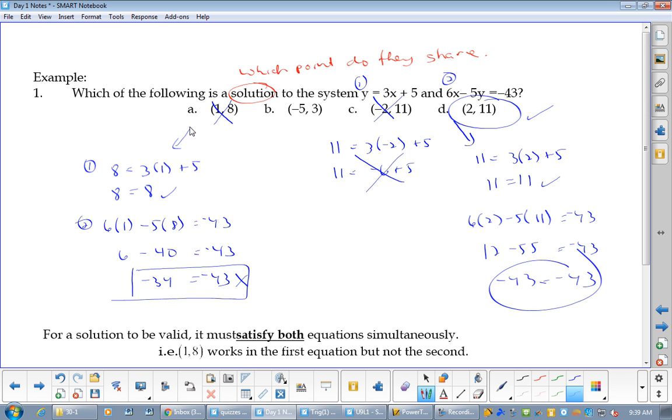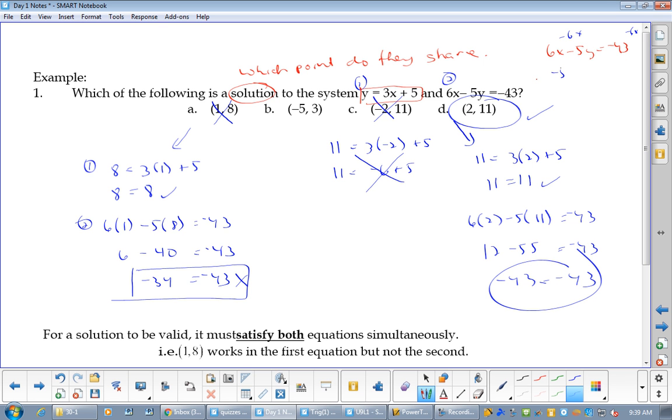Okay, but what saves all the work is putting both in your calculator. So this one's ready to go into our calculator, correct? This one's not, because I got to get it to y equals. So the first thing I'm going to do, let me just write it again. 6x minus 5y equals negative 43. I'm going to minus 6x, right?